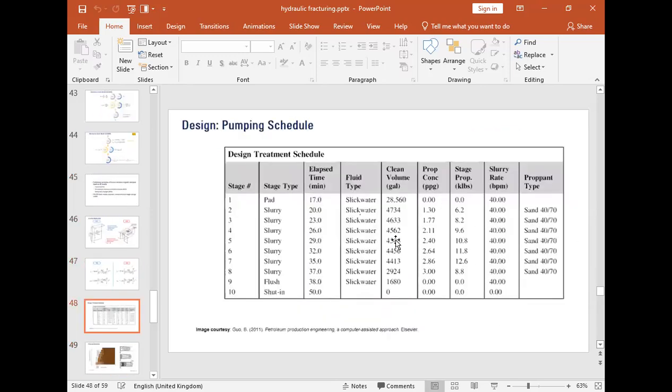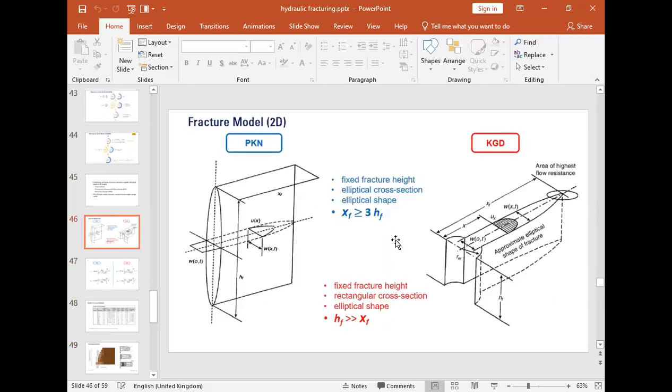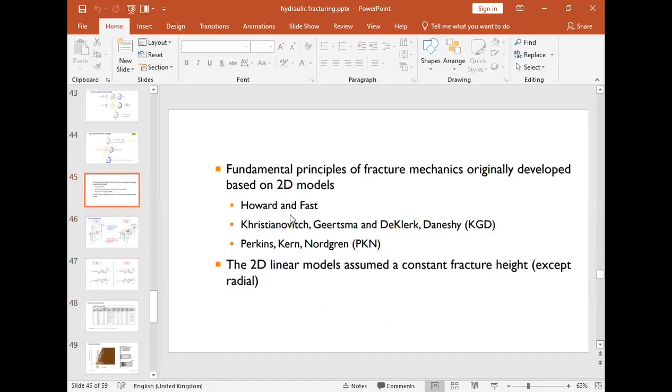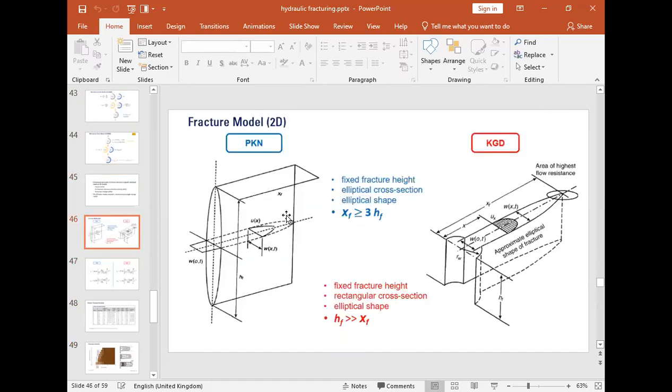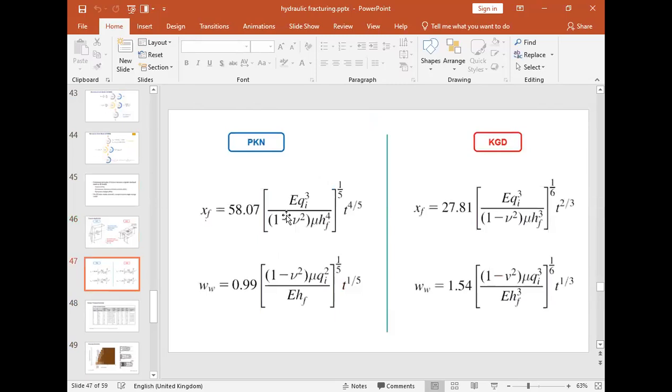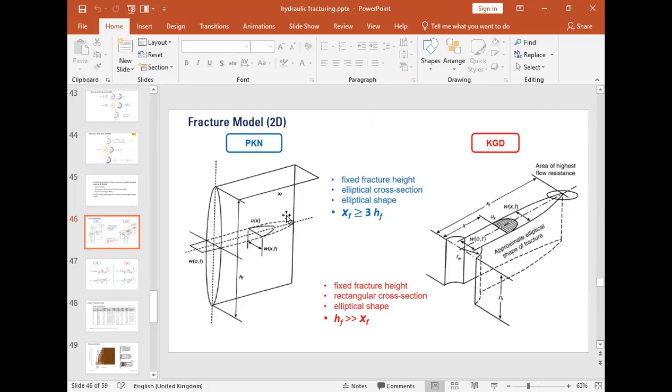I showed the model for a hard rock and a soft rock. That model for a hard rock and a soft rock is more or less a description of the PKN model and the KGD model.